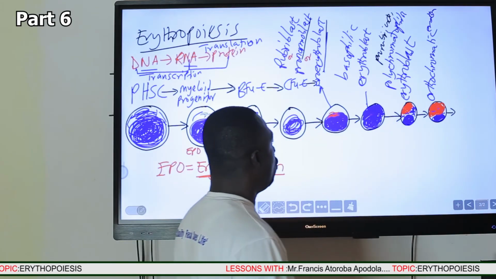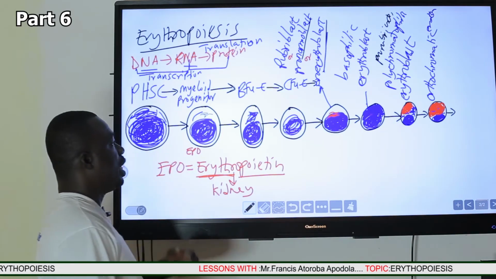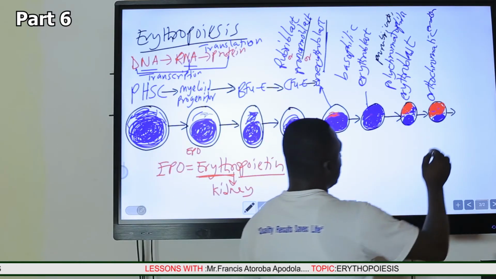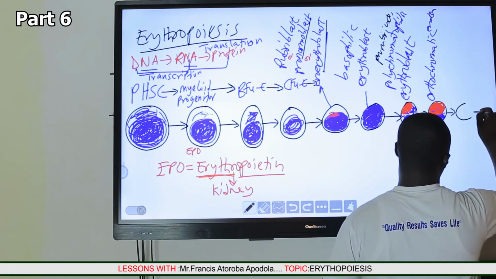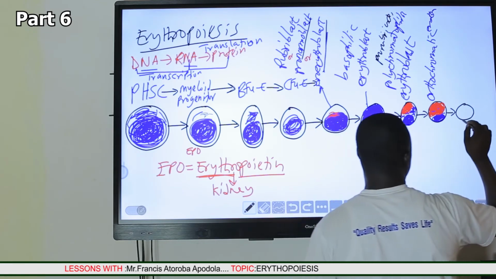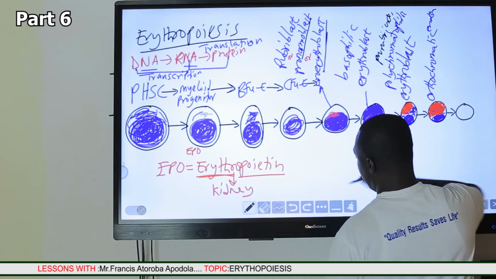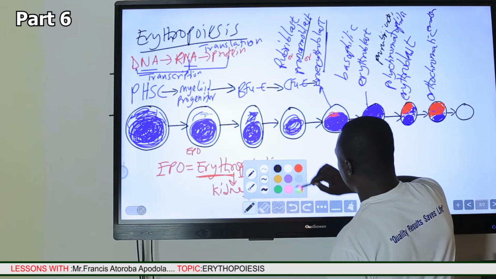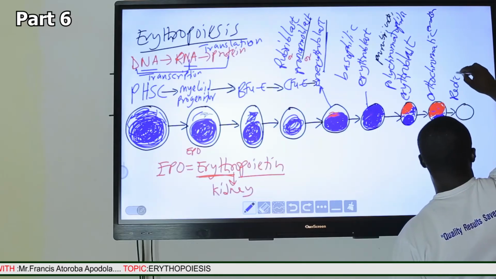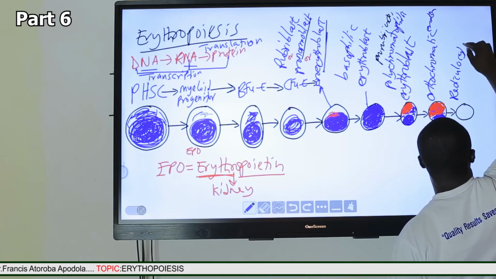So after the autochromatic erythroblast stage, the next stage actually is the reticulocyte. So what we have here is the reticulocyte stage.